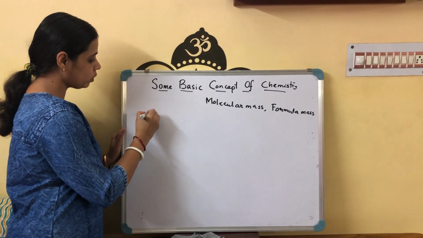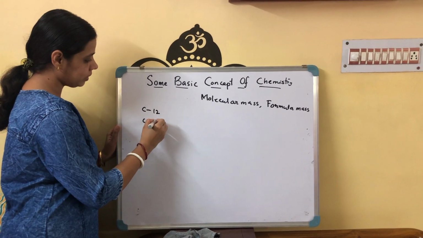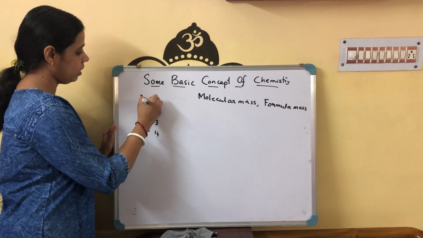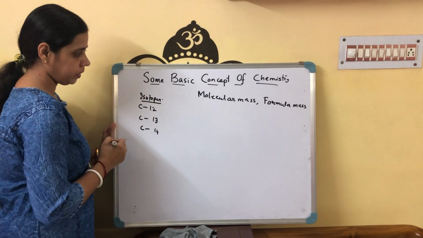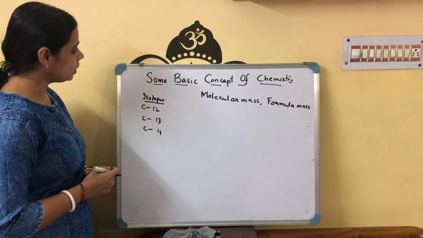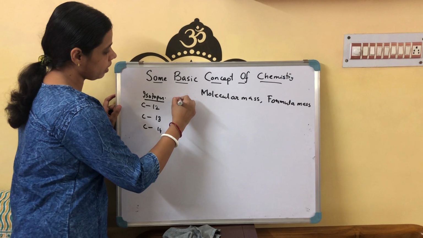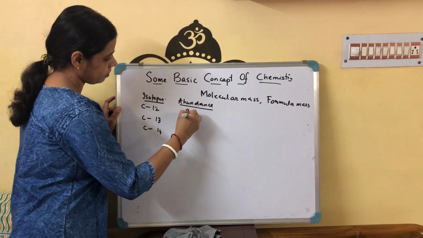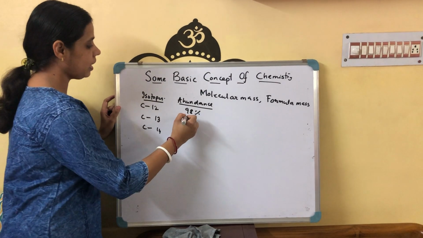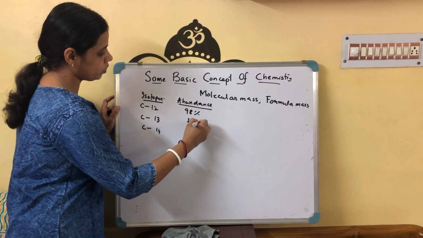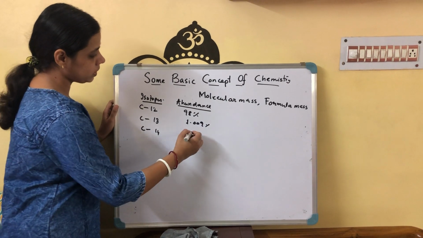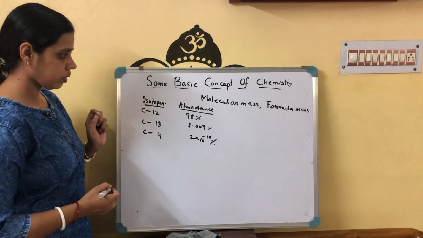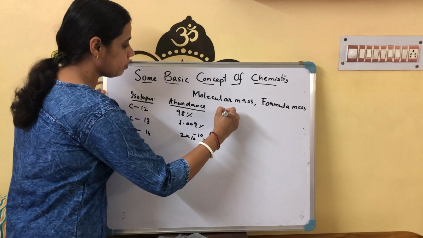For example, you know carbon has 3 isotopes, that is C12, C13 and C14. These are isotopes of carbon. Their percentage of abundance on earth: C12 has abundance 98%, C13 has 1.009%, and C14 has 2 into 10 to the power minus 10 %. And you know their relative atomic masses.